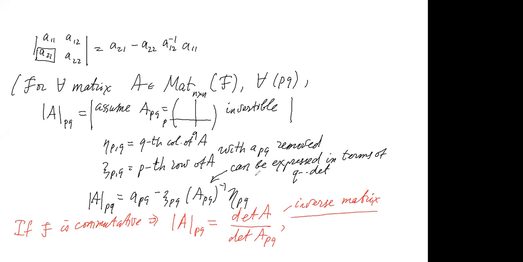So in general, we have this. And now in terms of these quasi-determinants, we can write down the following expression for kappa.